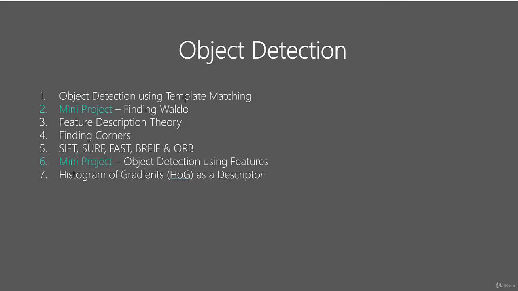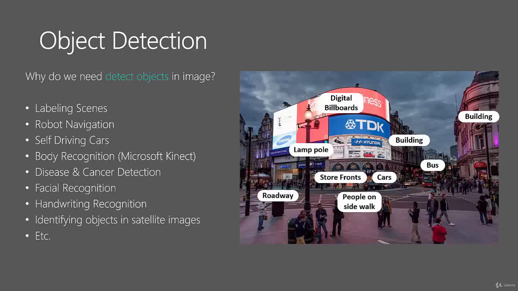So let's get started. So why do we need to detect objects in images? Well, object detection and object recognition form perhaps probably the most important use case for computer vision.